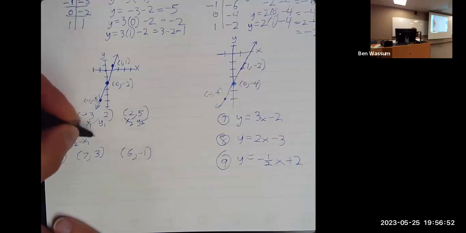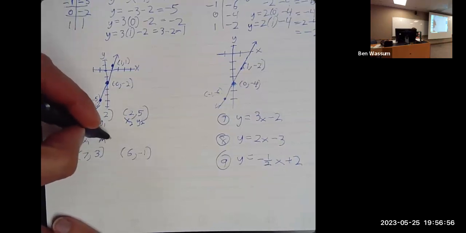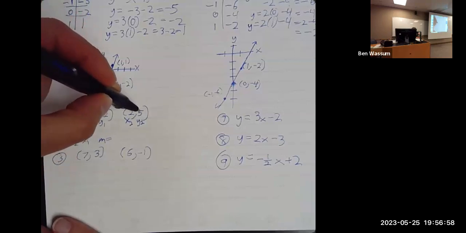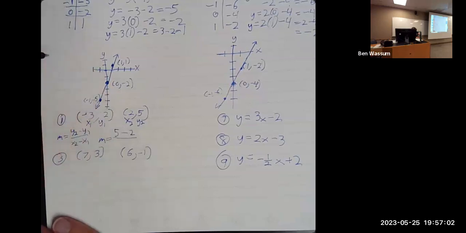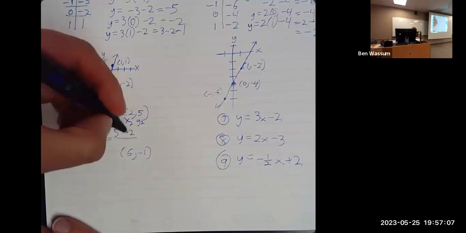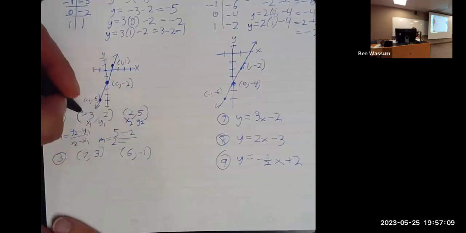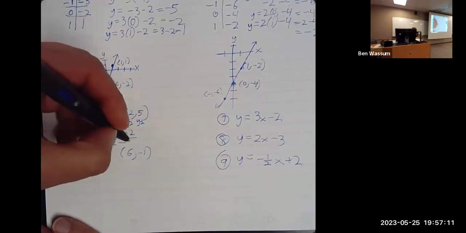Now from here, all you got to do is plug things into this formula. So we're going to have y2 minus y1, so 5 minus 2, over x2 minus x1, 2 minus, and be careful because we're subtracting a negative, -3.